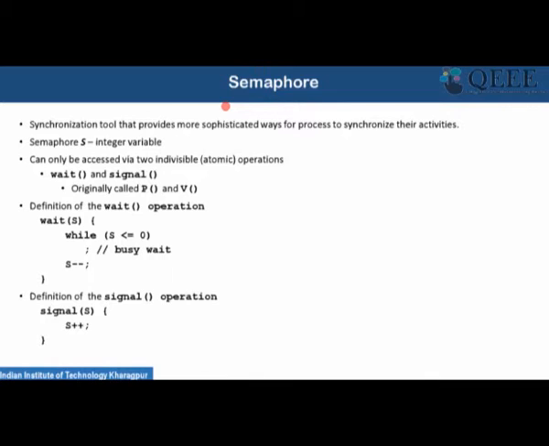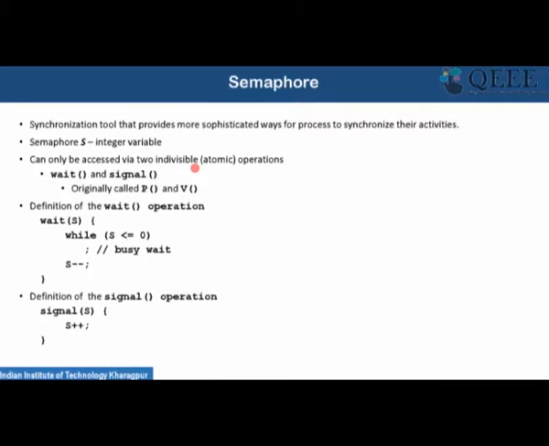Now what is a semaphore? A semaphore is basically a synchronization tool that provides a sophisticated way for processes to synchronize their activities. We term it as a variable S, which is an integer variable, and can only be accessed via two atomic operations.